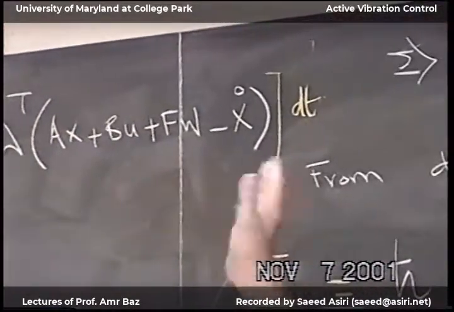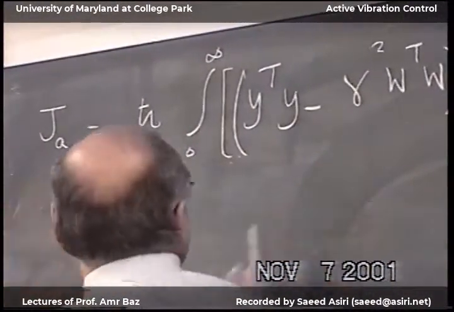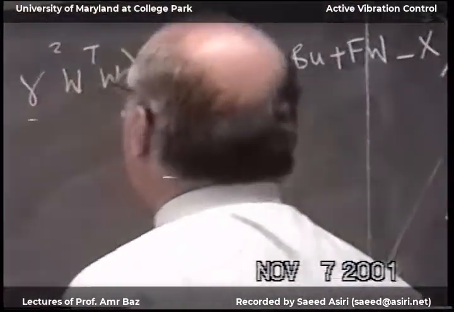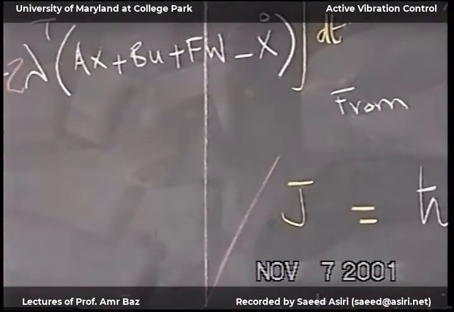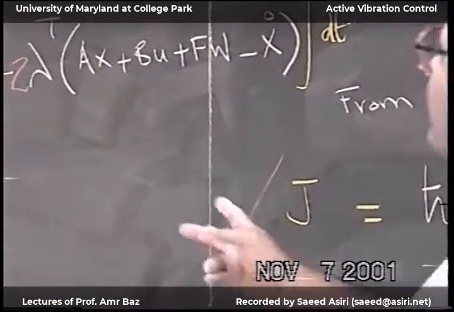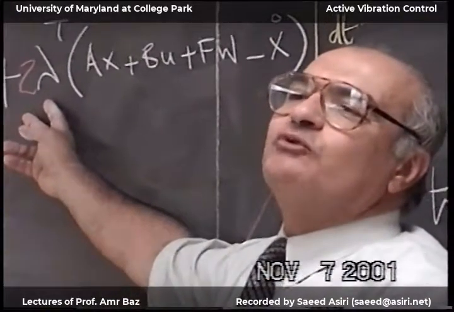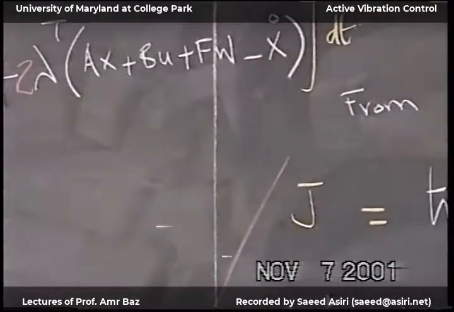Now, to make this nice and compatible when we get the result, I'll just scale this by multiplying it times 2. Okay, we don't have to, but I can define a new Lagrange multiplier, lambda bar equal to 2 lambda. So anyway, I can get a nice clean result, I'll do this.